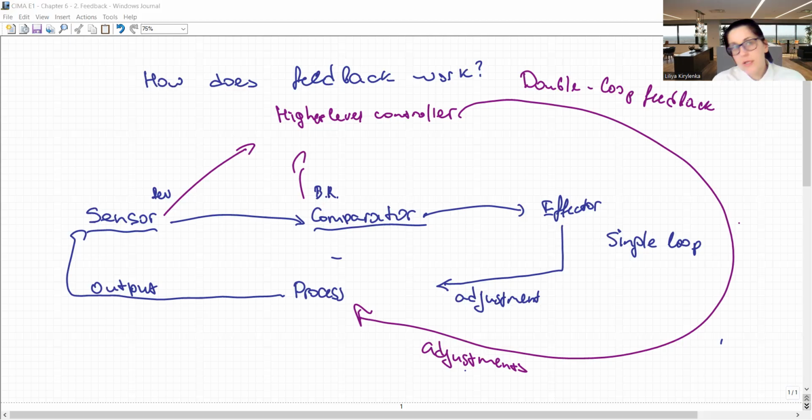As for the comparator, it can be both human and automated. Sensors are likely to be automated, because this is something pretty basic, so it's likely to be some device or some application, some software.